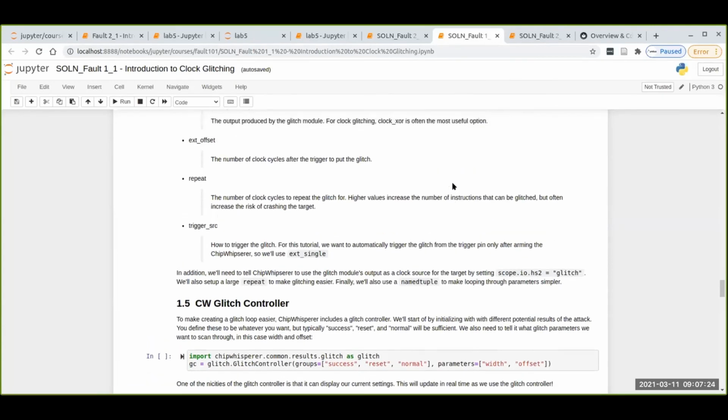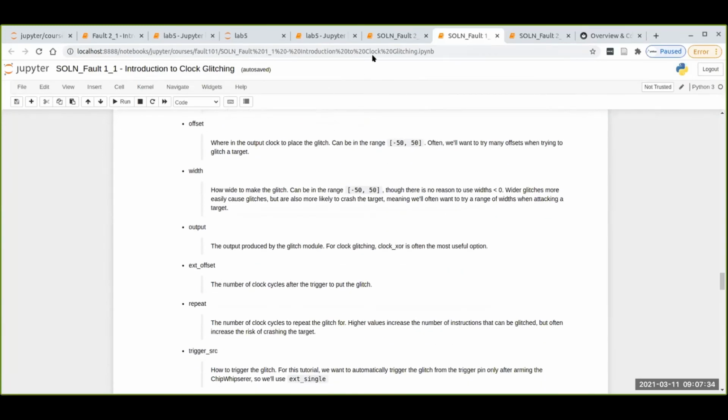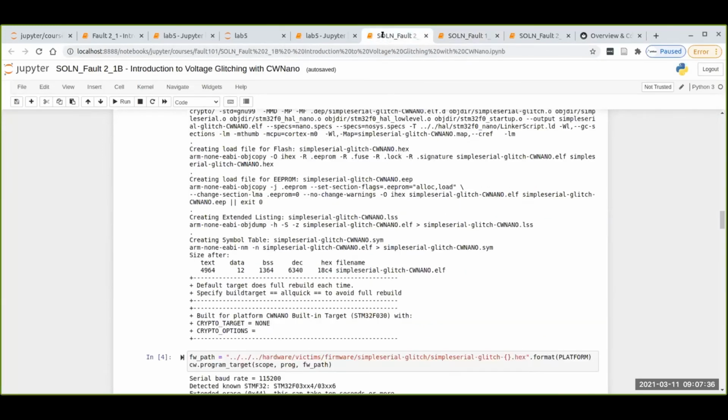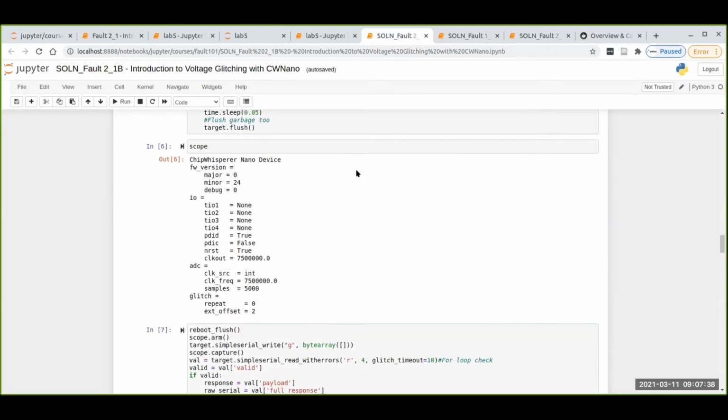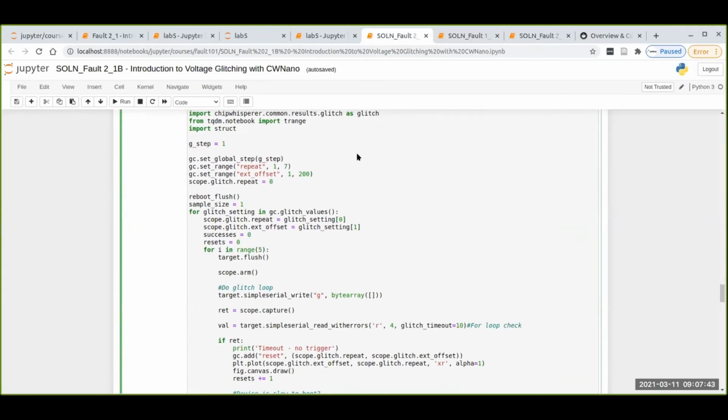But there is clearly a help function. You can type in things from the ChipWhisperer for scope.glitch here. You could maybe do the same thing to find out what this repeat actually does.